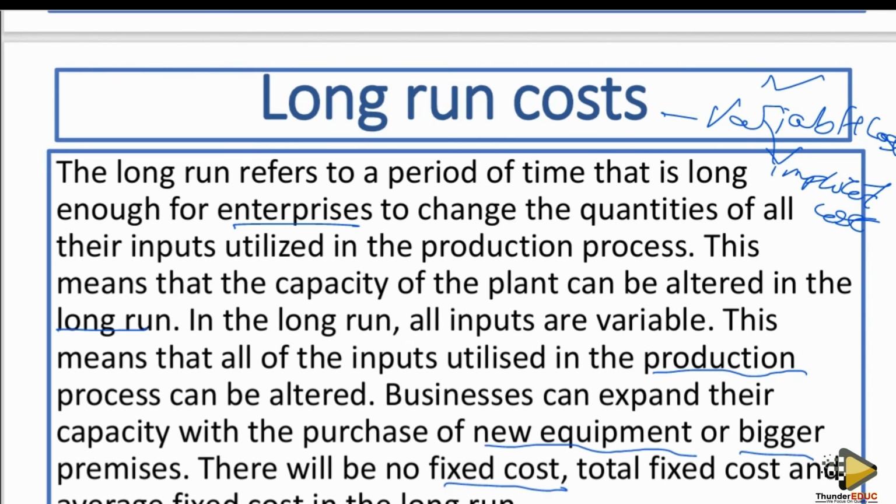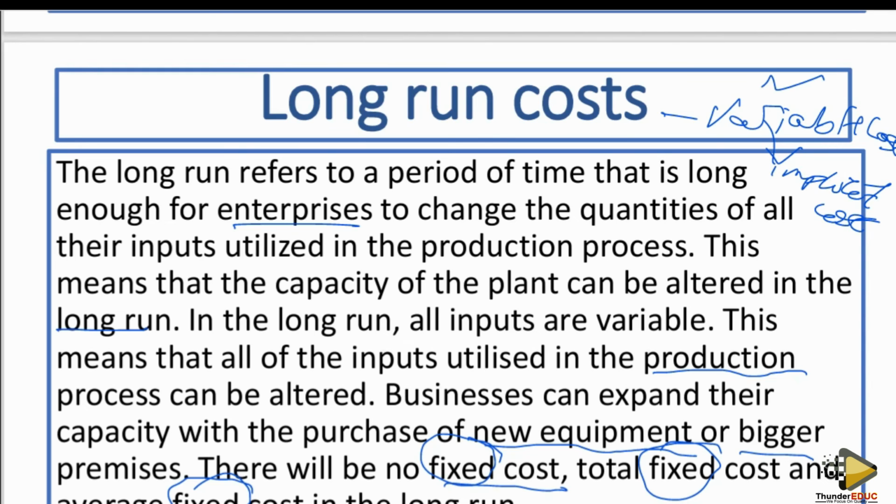After 12 months, we consider it to be the long run, because even the remuneration of all those factors of production can change. So there will be no total fixed cost and no average fixed cost in the long run. Meaning, in the long run, the word fixed doesn't exist anymore. The word fixed exists in the short run, because in the short run, remember we said that one of the factors of production is fixed.